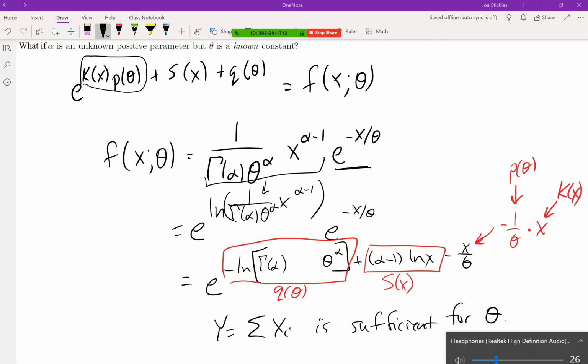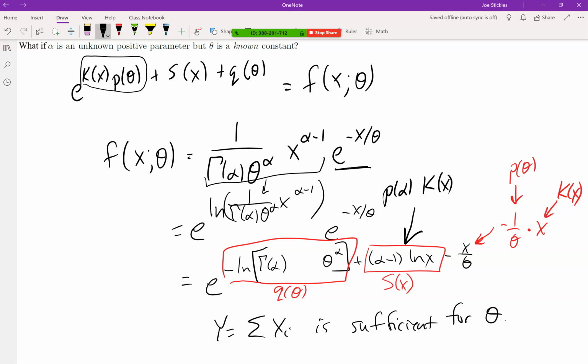Yes, that's correct. So, it'll always be the sum of whatever the function is that you split apart. So, going the other way, if we were trying to find a sufficient statistic for the alpha rather than the theta, notice this piece then would be your p of alpha k of x here.